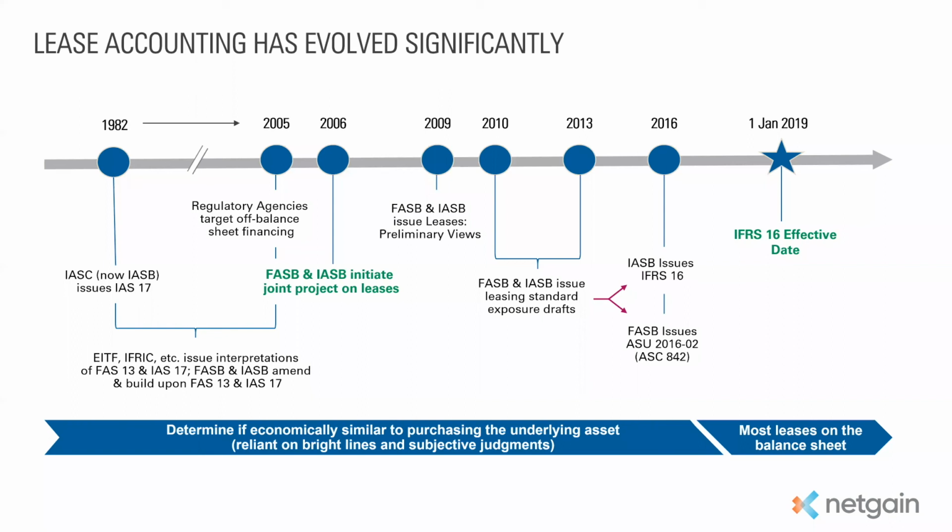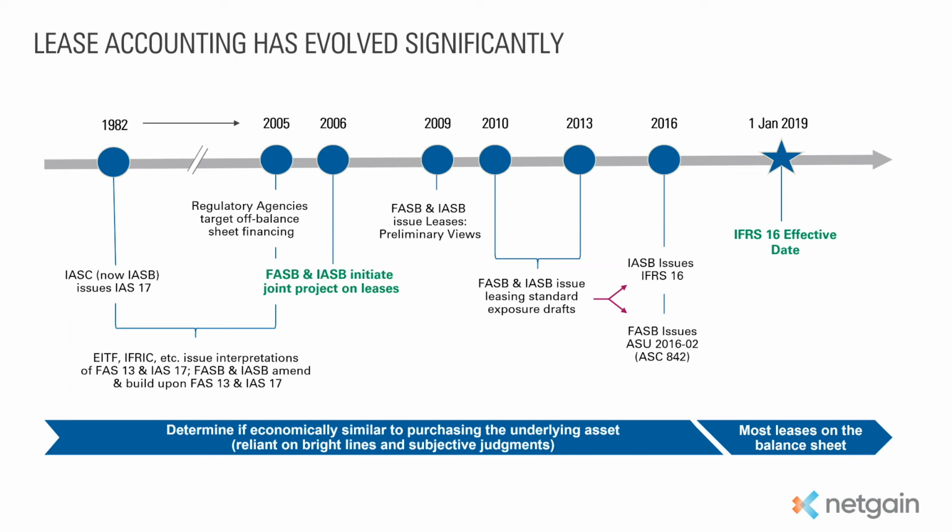The long and short of it is the IASB in 1982, a few years after the FASB issued their equivalent standard, issued an accounting standard that has been in place for international accounting standards for essentially 40 years. Up until the early 2000s, there really were just slight tweaks, interpretations, and so forth.